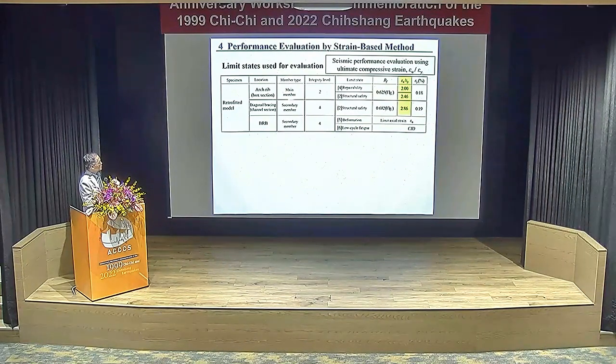Here, for the arch rib, it is the same. The importance level is 2. For the diagonal brace or BRB, the importance level is 4, and using these values to make a check, the response should be less than the capacity. This is the capacity.